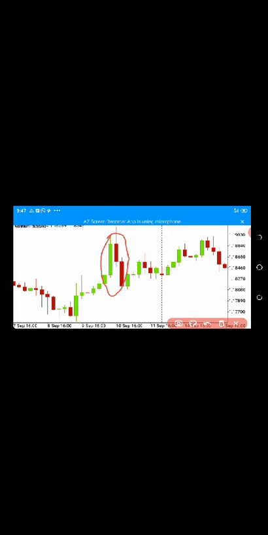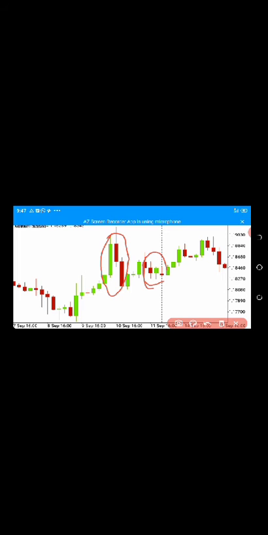That is what we call an engulfing candle. Those candles appear close to each other. So when you see something like this, that tells you the trend is about to change or the market is about to retrace.